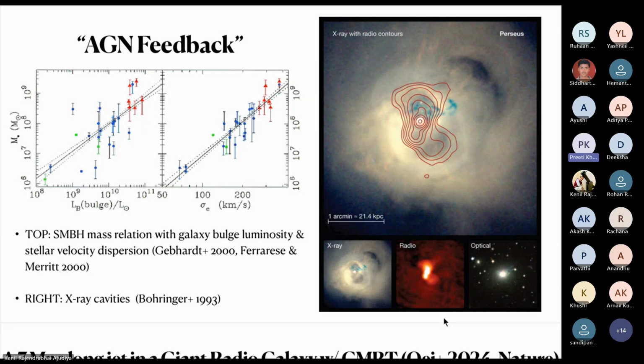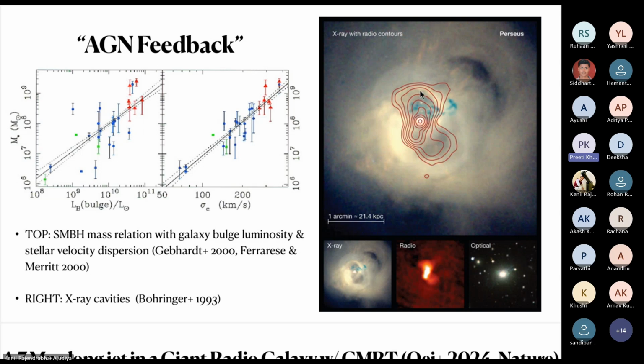Now we look at the right panel, and this is the center of a famous galaxy cluster called Perseus. It has a whole set of X-ray cavities, just like Hercules A. But when you look at the radio emission from this AGN, which is in the center of the galaxy cluster, you find that the radio emission seems to fill all these cavities. So this clearly tells you that the radio outflows are the ones causing these cavities in the X-ray gas in the galaxy cluster.